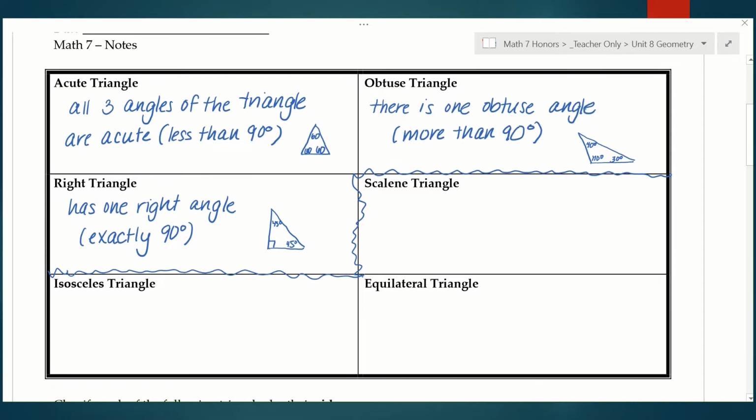Now these last three are how we can classify triangles by its sides. So scalene means that you have a triangle where all of the side lengths are different.